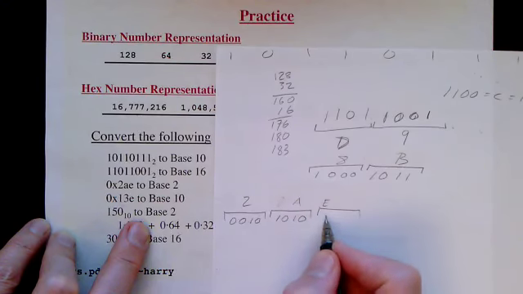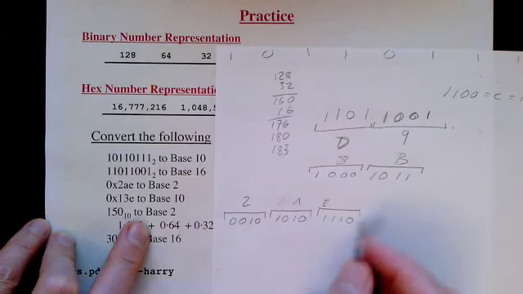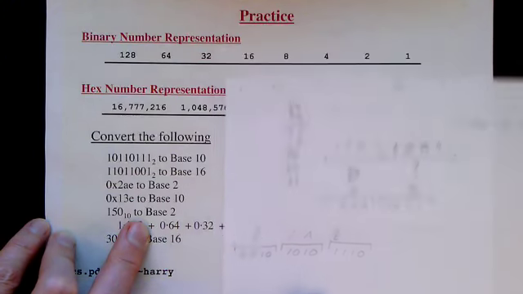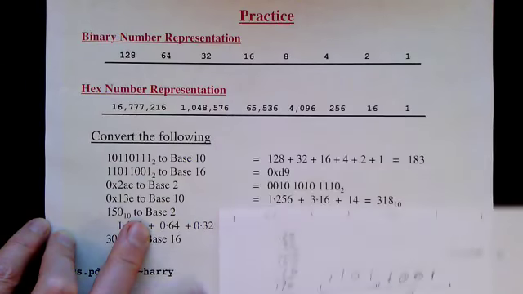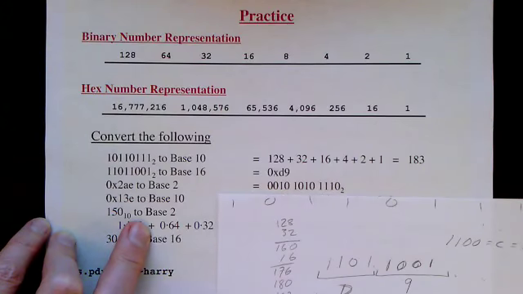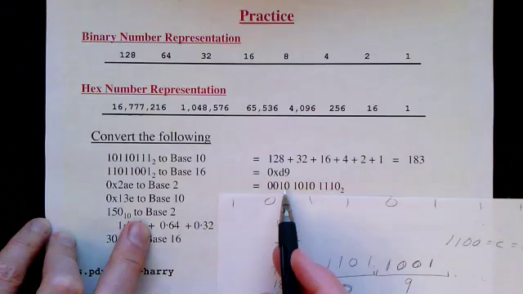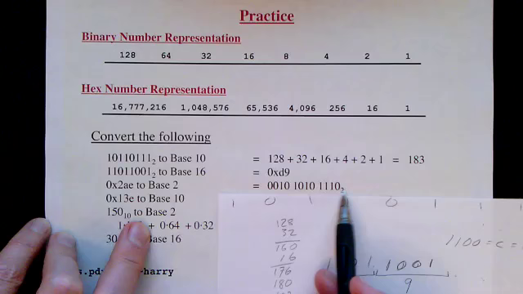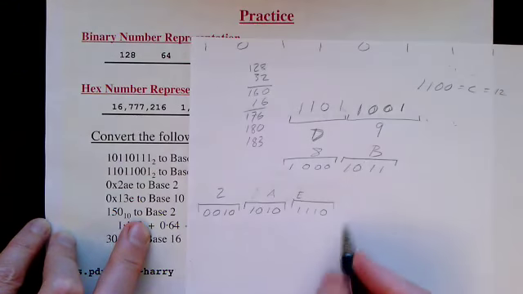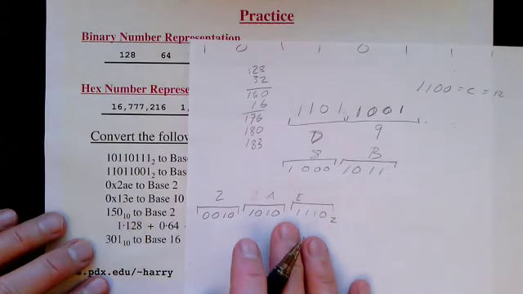And E is 1110. And so that's our answer. 0010, 1010, 1110. And that's exactly what we have here. We can write a little subscript 2 to indicate that it's in binary.